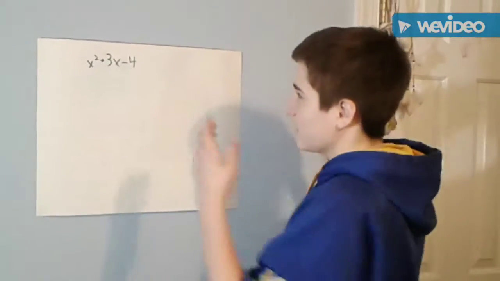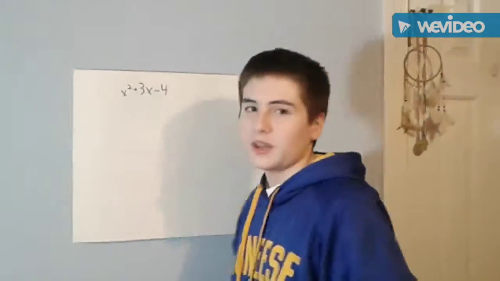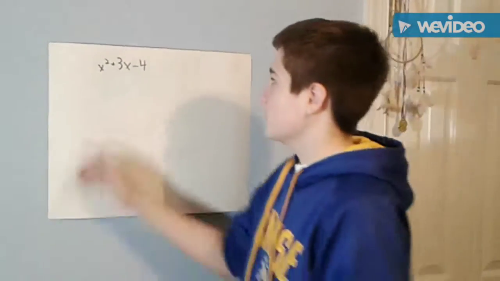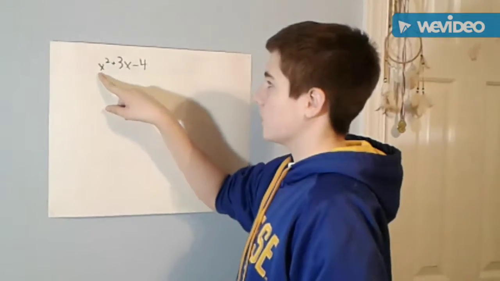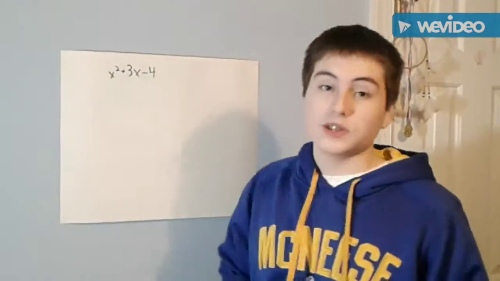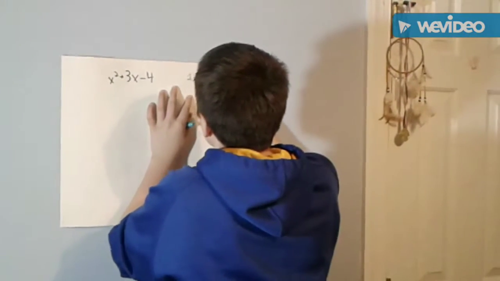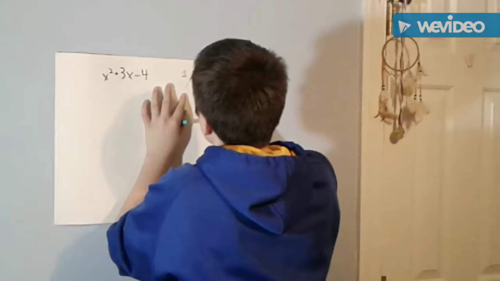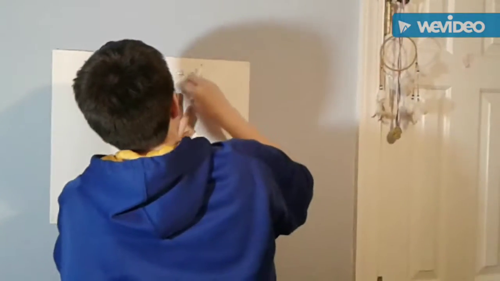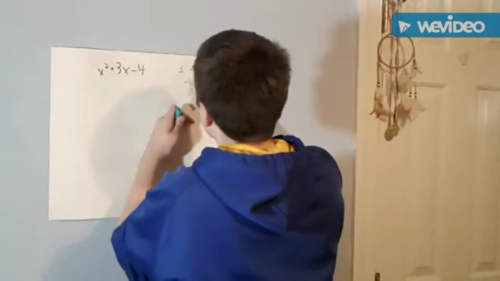The way that you're going to go from standard form to factored form is, the first step is to take your a, which is 1 in this case, and your c, which is -4. So you're going to do 1 times -4, which will result in just -4.